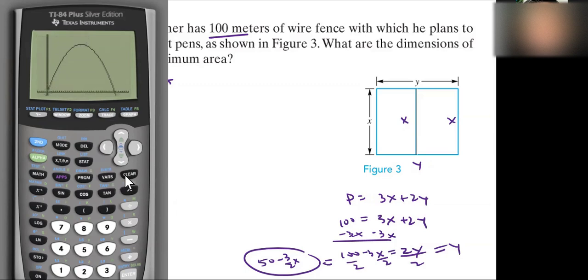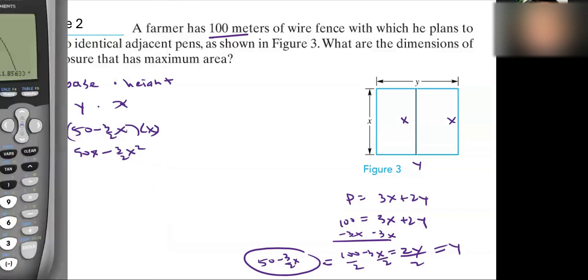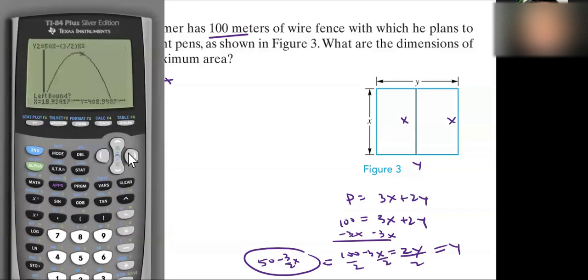All right, let's try it again. Second trace, there we go. Okay, so we want to be above the x-axis. So let's get closer here. Let's hit the window here.